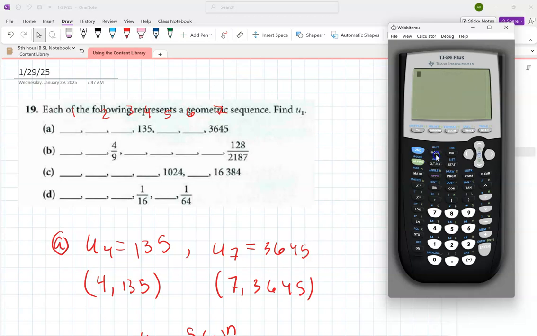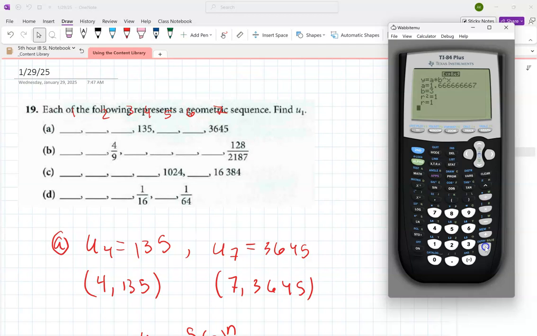So second and the mode button. I'll go back to the stat menu, but this time I'm going to go to the calculate tab. Since it's geometric, I want the exponential regression. So EXP reg. The X's are in L1, my Y's were in L2, so that's good enough. I'll just hit calculate.